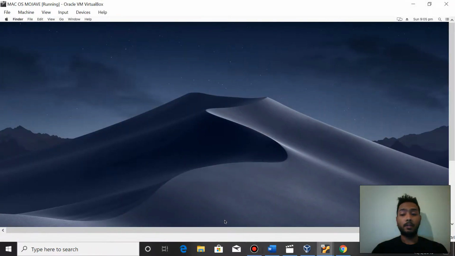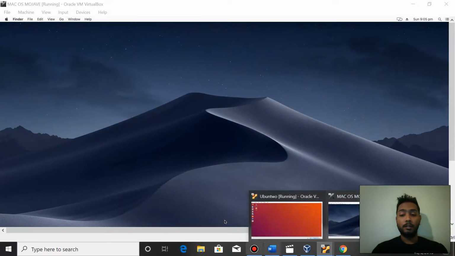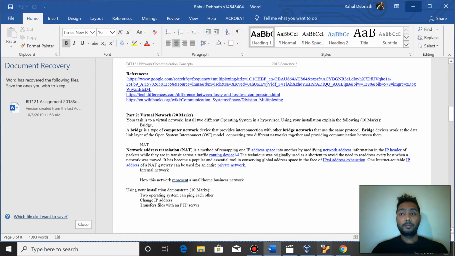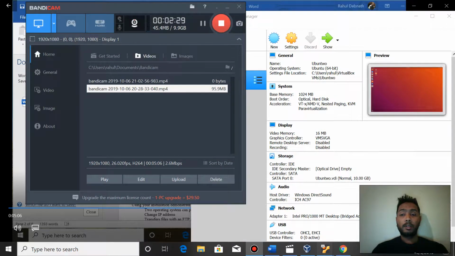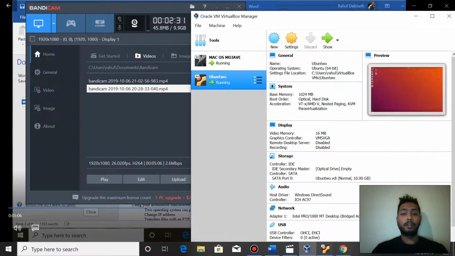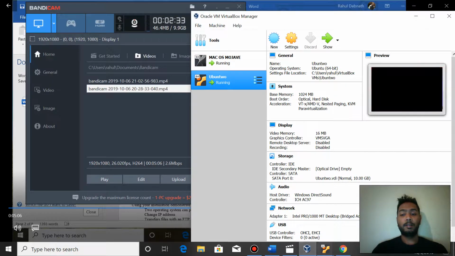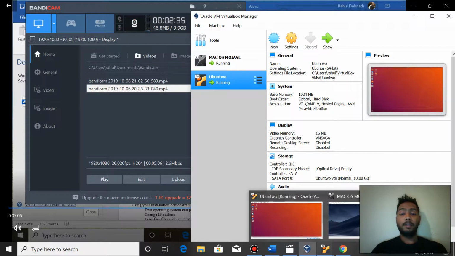And if you can see the bigger picture, there you go. There are the two devices running at the moment simultaneously.